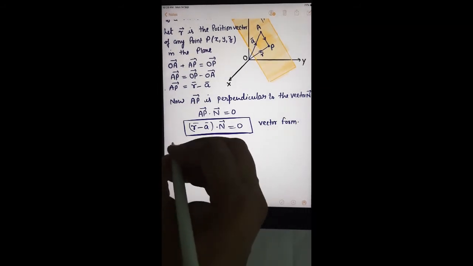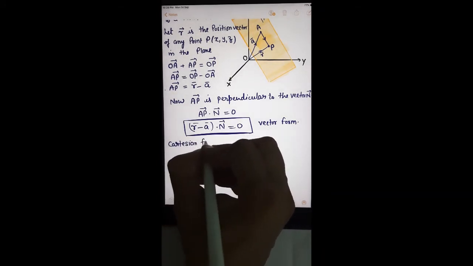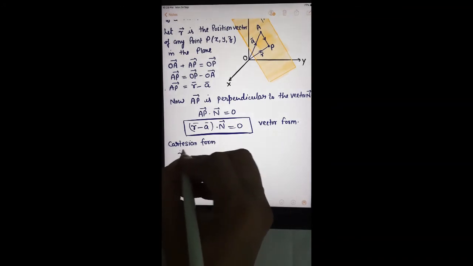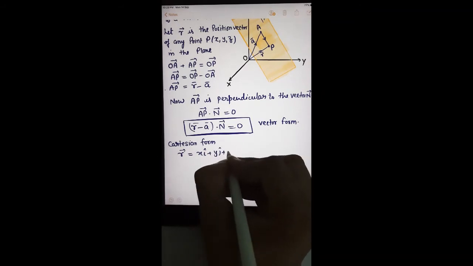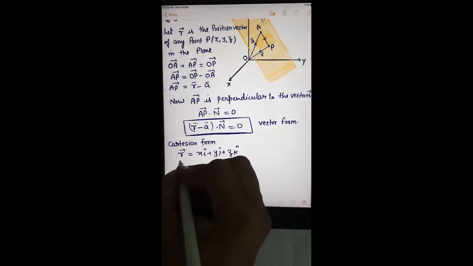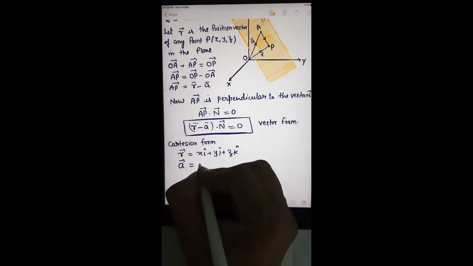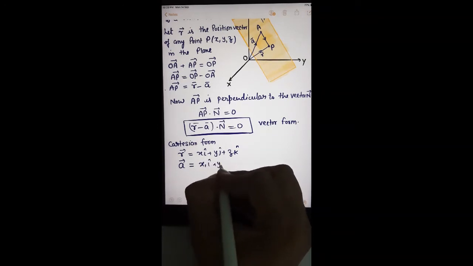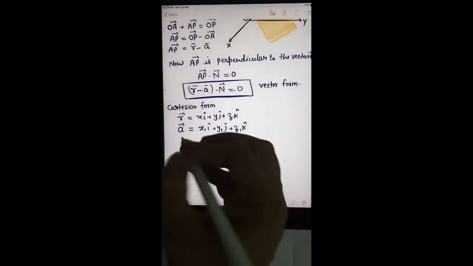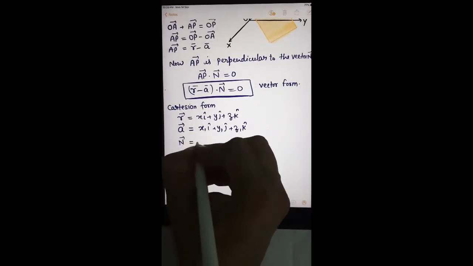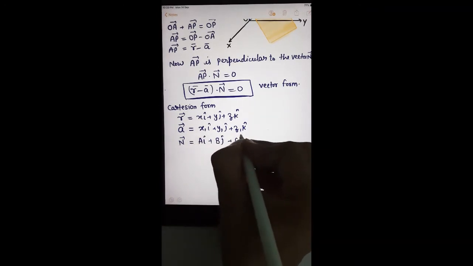Now to convert to Cartesian form, put the general vector r as xi + yj + zk, the point from where the plane is passing as x1i + y1j + z1k, and the normal vector as ai + bj + ck.